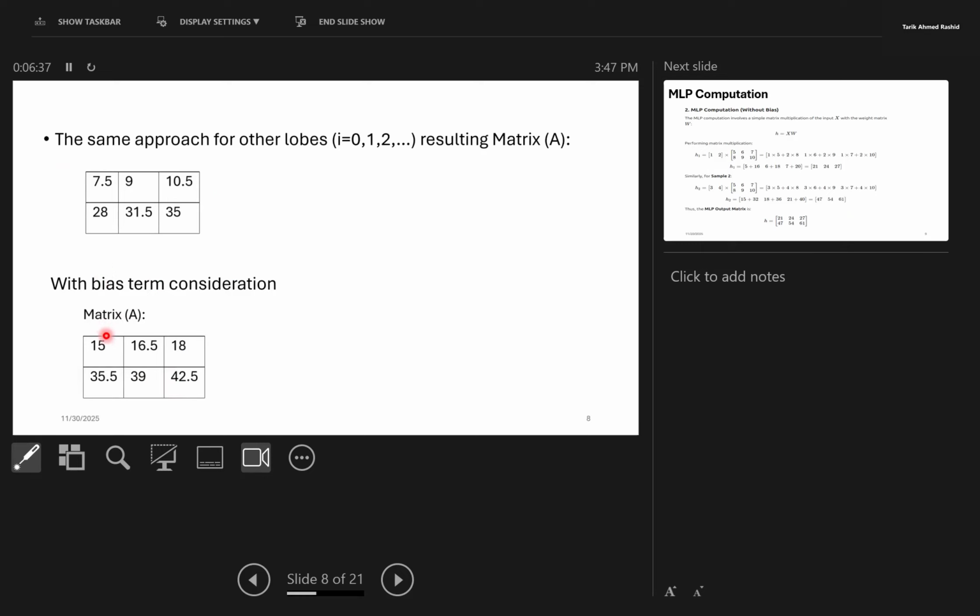So 7.5 added to 7.5 is 15. 7.5 added to 28 is 35.5. 7.5 plus 9 is 16.5. 7.5 added to 31.5 is 39. 7.5 added to 10.5 is 18, and added to 35 it is 42.5. So this is with the bias matrix, while the other one is without bias.